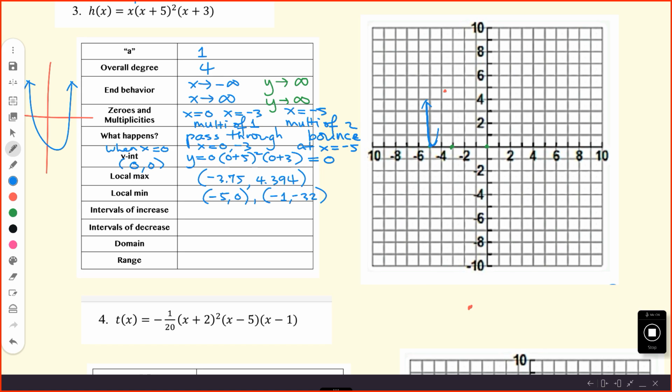So when it bounces, it goes back to the max. Once it hits the max, you go back down, but then the next behavior is pass through at negative 3. So we pass through at negative 3, and then we go down to the local minimum. Once you hit the local minimum, you go back up, and then you're going to pass through 0. So pass through 0, and then right there.